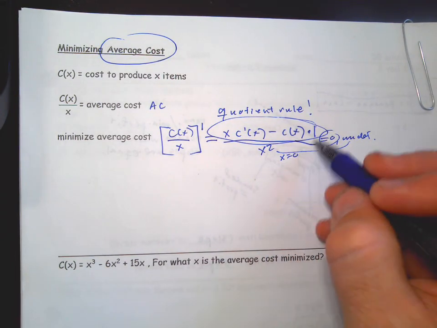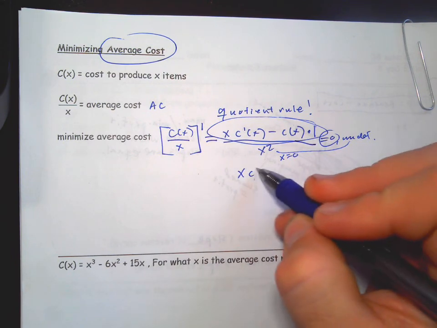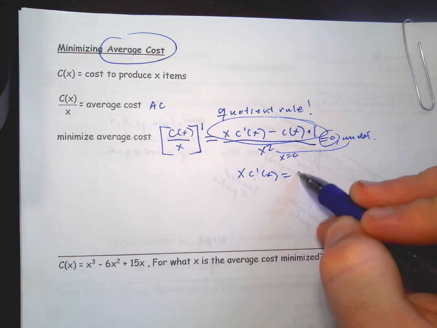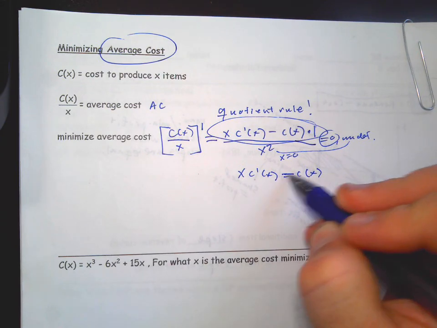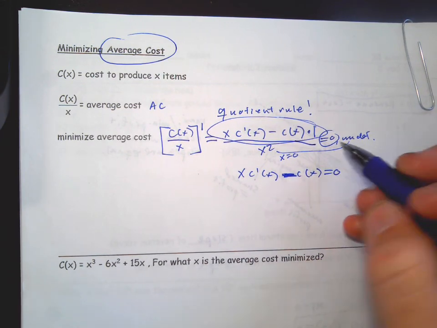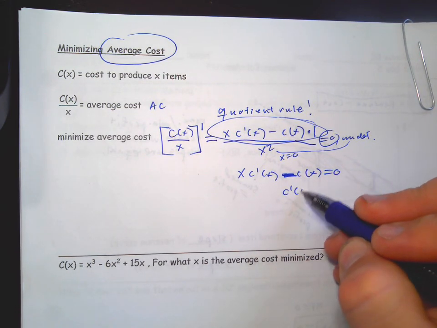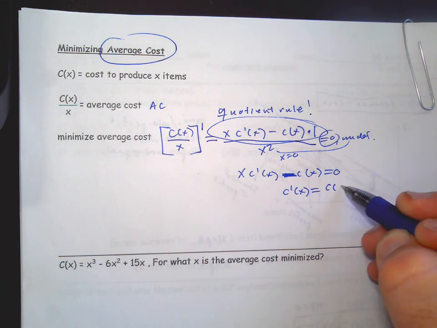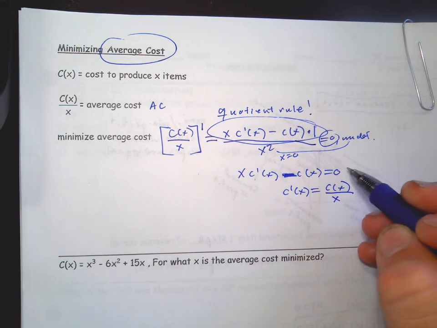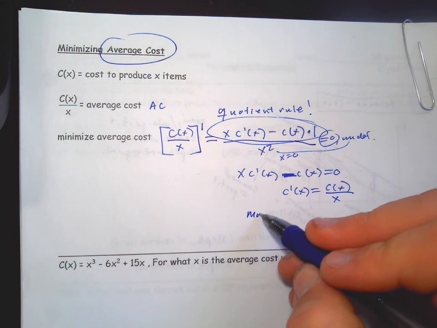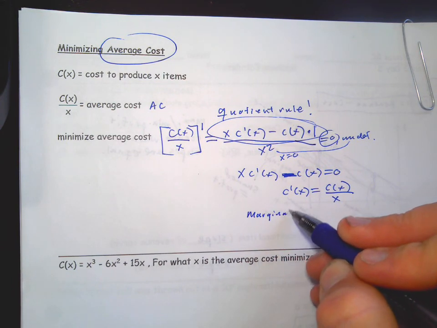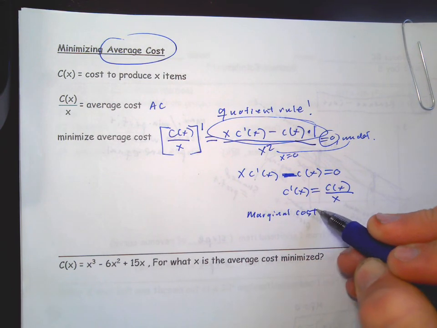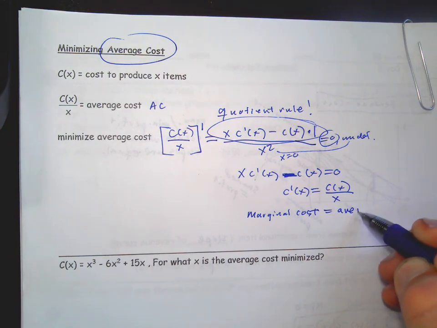So I'm going to set the top of this equal to 0 because we think this is probably where the more interesting conclusions are going to come. And so then C prime of x equals C of x over x. Now this is interesting because this is the marginal cost, and then the average cost pops back up.